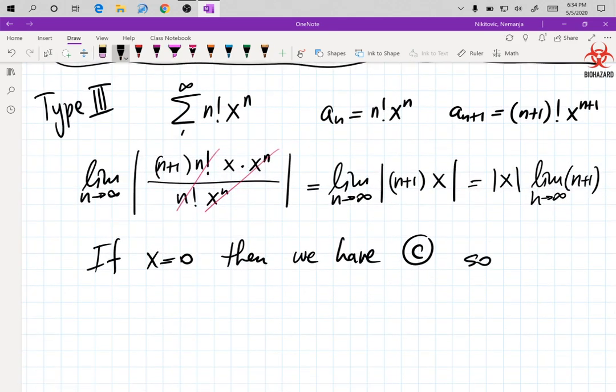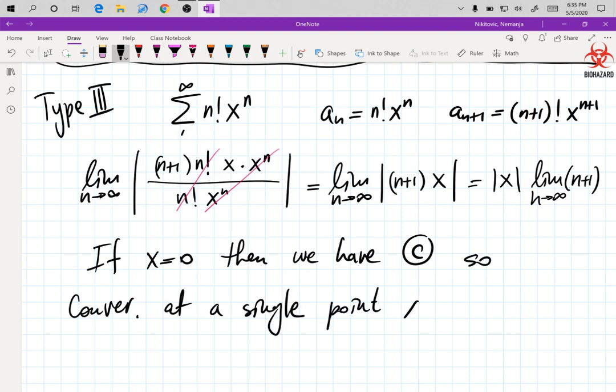So, there is no interval of convergence. It converges at a single point, x equals 0, and the radius is also 0. So that's a type 3.